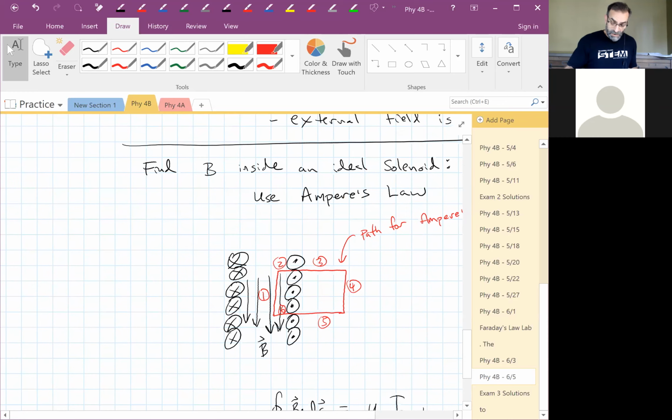Side 1 is on the interior of our solenoid, so we know B points straight down, and side 1 is parallel to that. So ds is either going to point this way or that way. We don't really care which way. The minus sign is not important. Let's just pick our path to go counterclockwise so our ds points in the same direction as B along side 1.